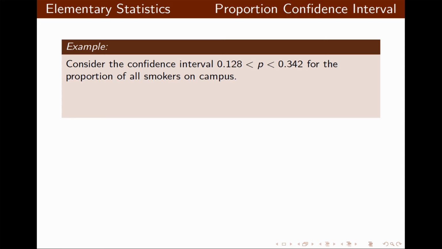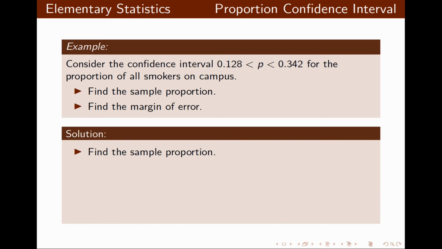So consider the confidence interval in this example. We want to find the sample proportion and the margin of error. For the sample proportion, we're going to add upper and lower, then divide by 2.